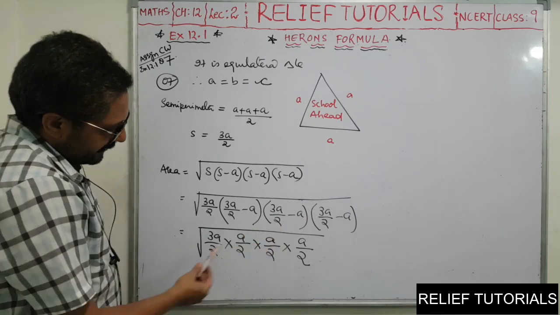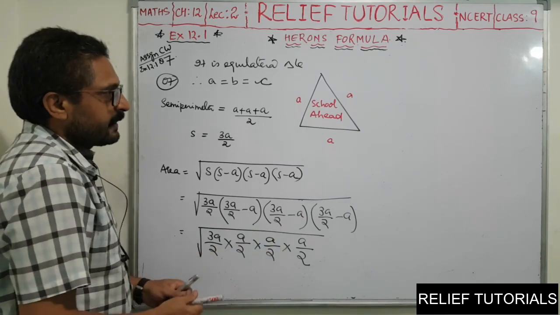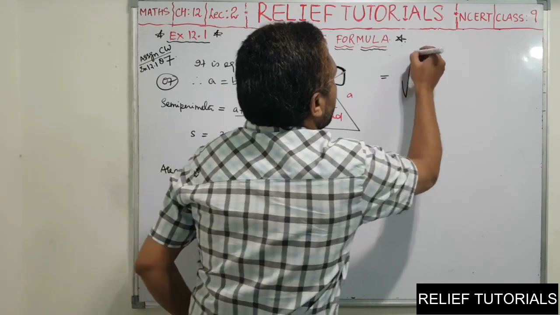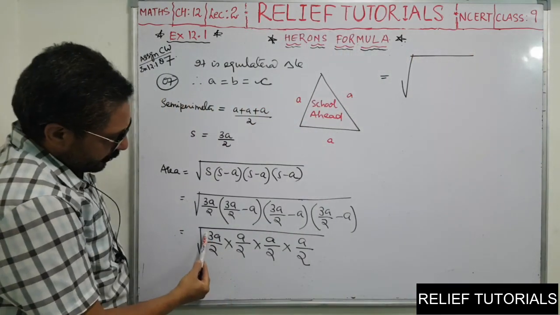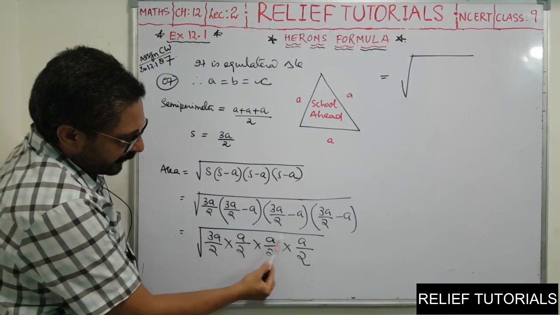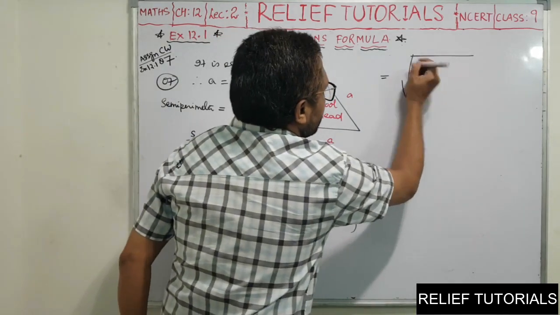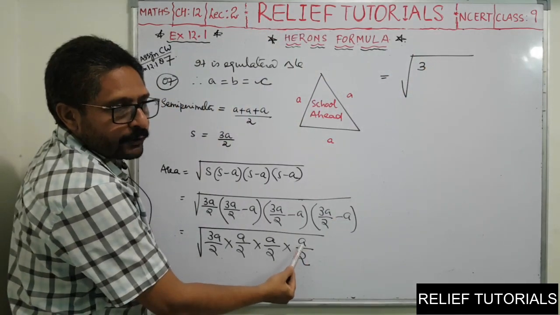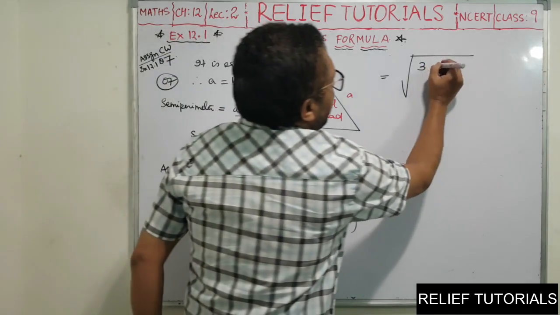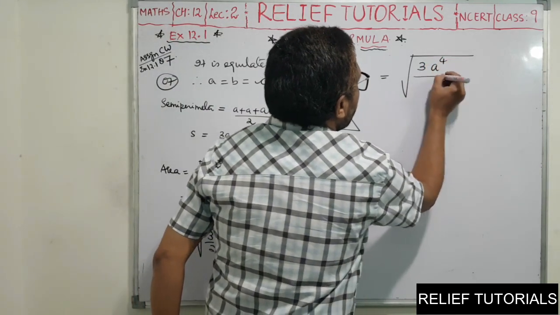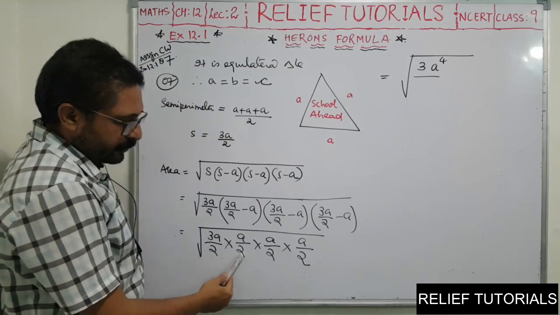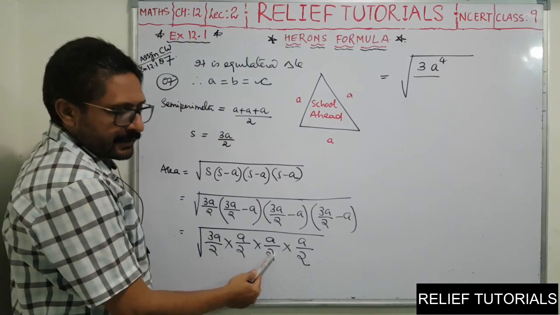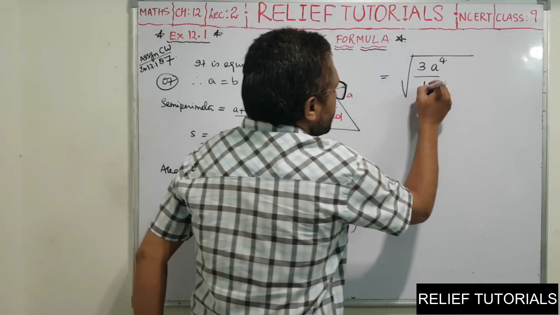Now you will multiply these. See, numerator: 3 into 1 into 1 into 1, so you write here 3. A into A into A into A, A raised to 4. Upon 2 into 2, 4; 4 2s are 8, 8 2s are 16. So upon 16.